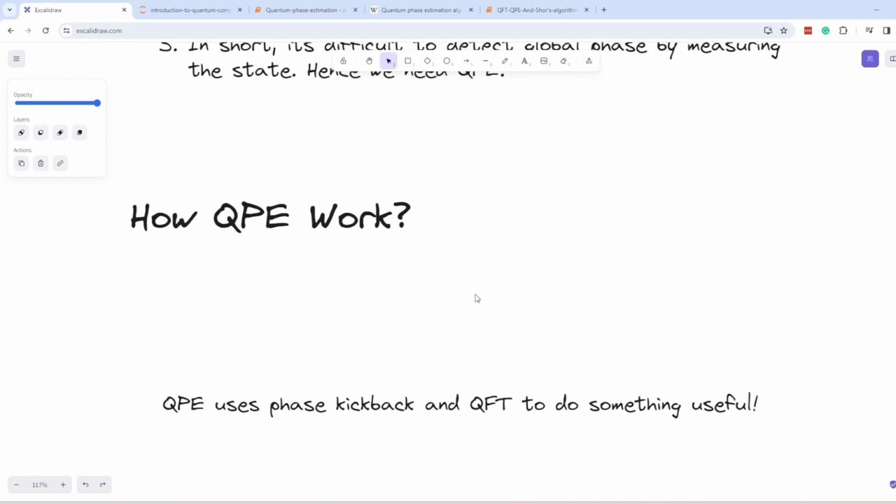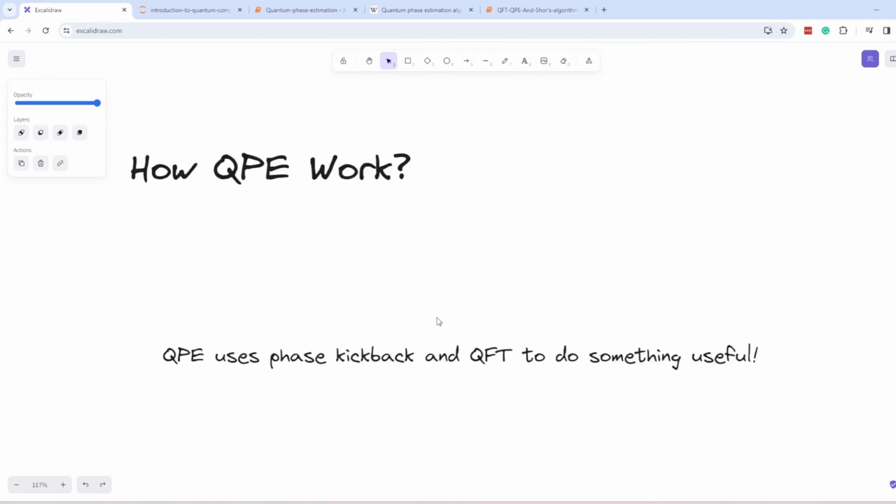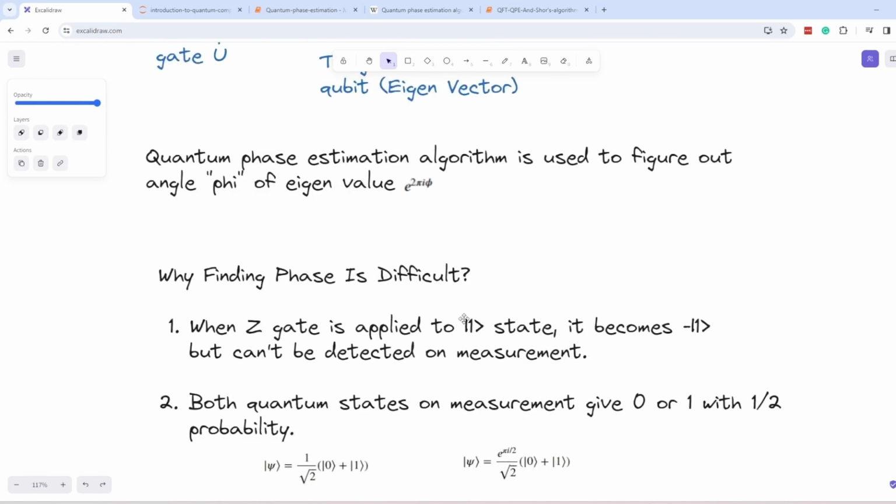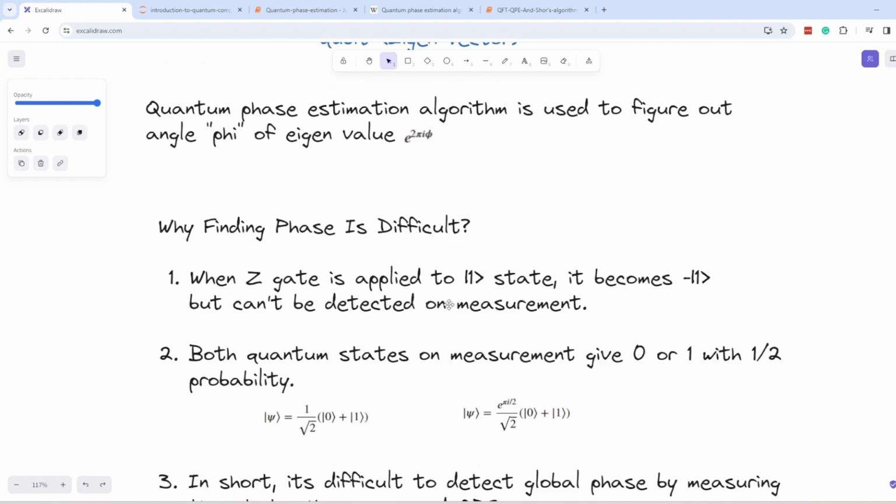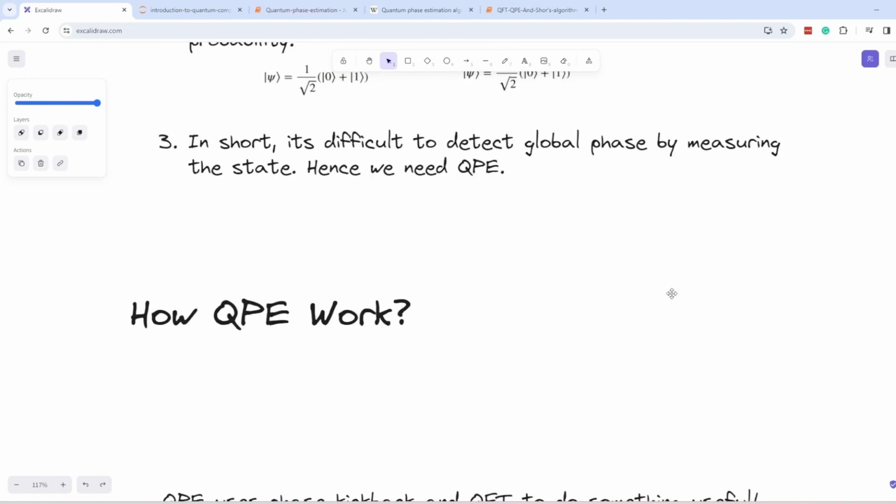So let's directly jump to the circuit of quantum phase estimation, and for simplicity we just use a simple example. We will use the Z gate and the state 1, and see how quantum phase estimation helps us to find this global phase of -1.